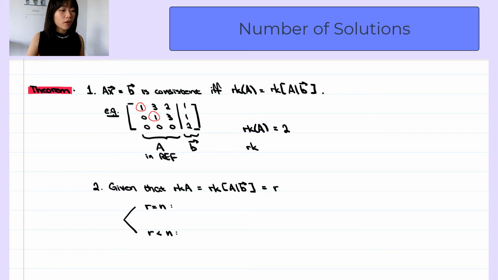However, for the rank of the augmented matrix, here we need to include the column next to the vertical bar. So here we have another pivot. So the rank of the augmented matrix is 3. So the rank of A does not equal the rank of the augmented matrix. So this system has no solution.